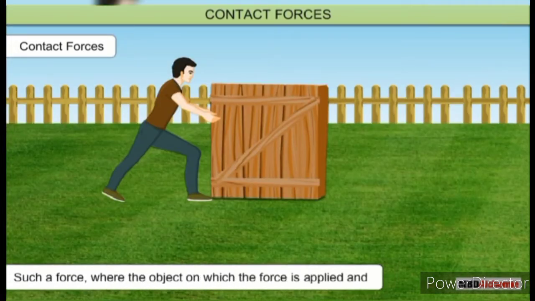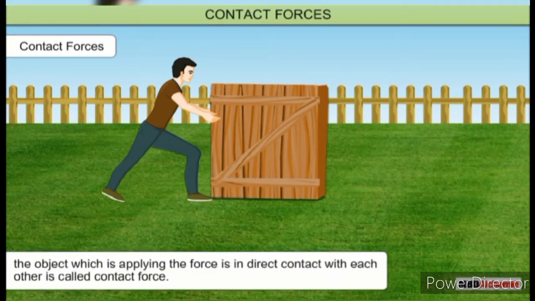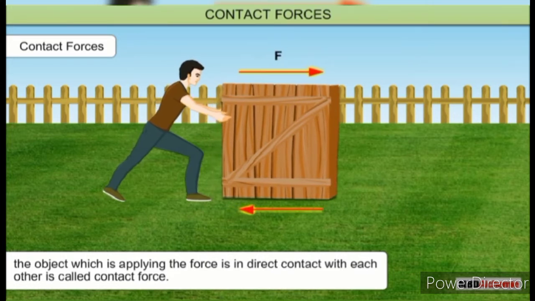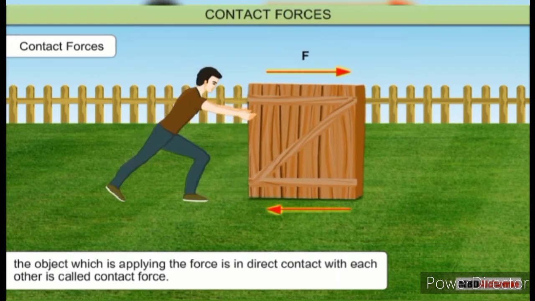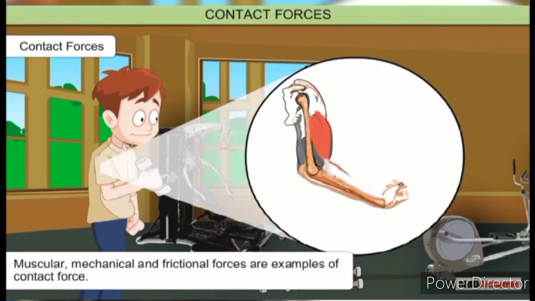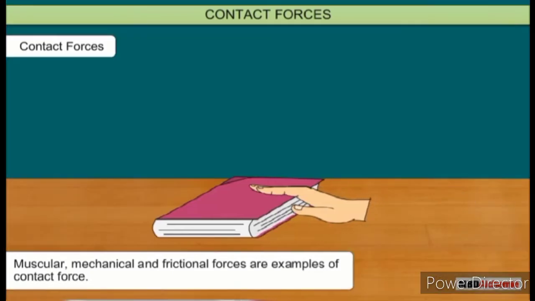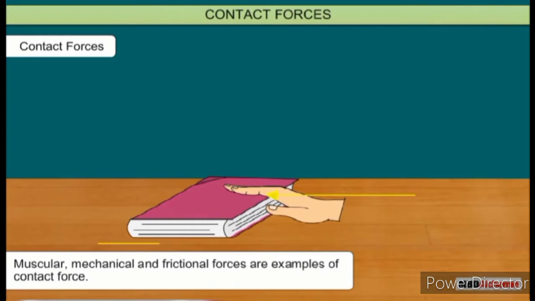Such a force, where the object on which the force is applied and the object which is applying the force are in direct contact with each other, is called contact force. Muscular, mechanical, and frictional forces are examples of contact force.